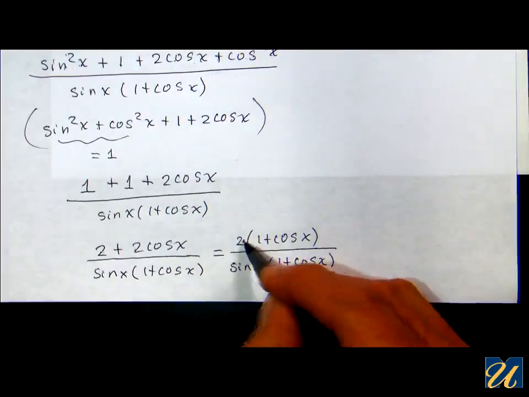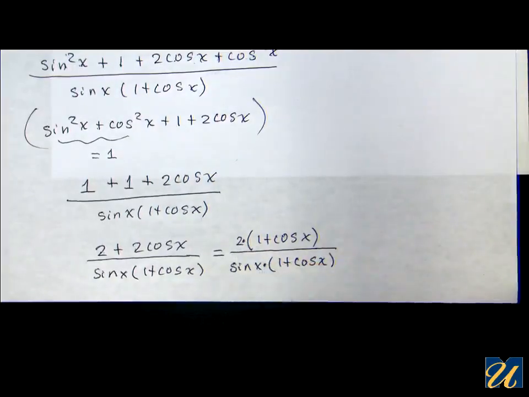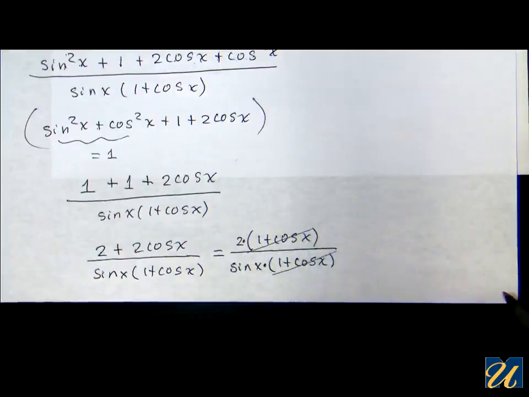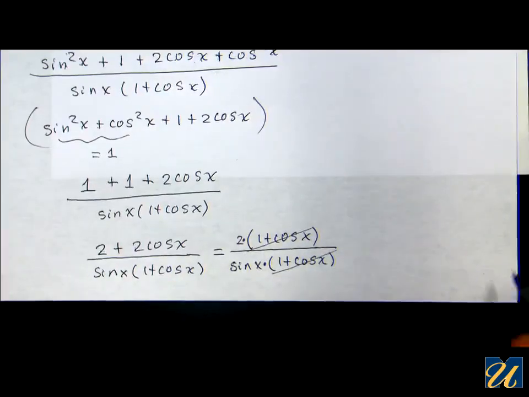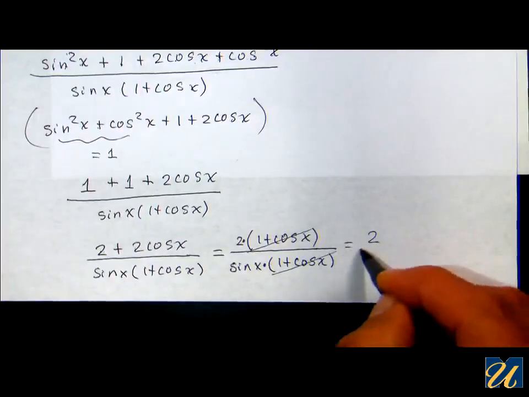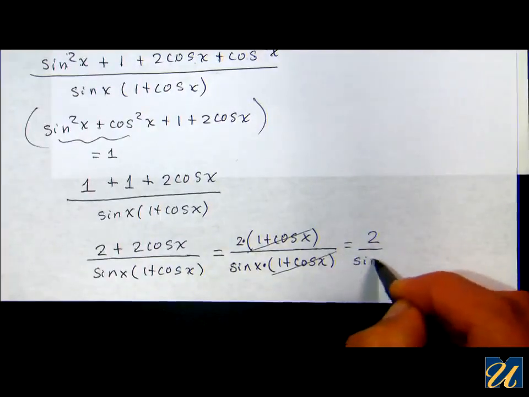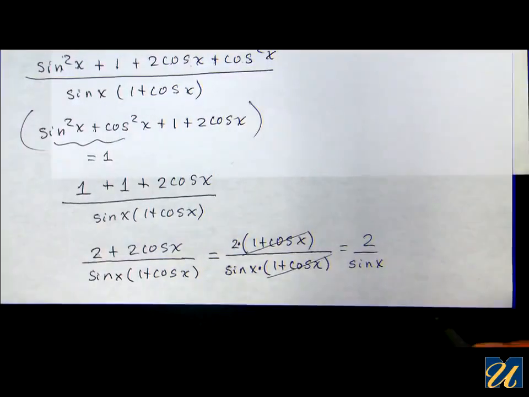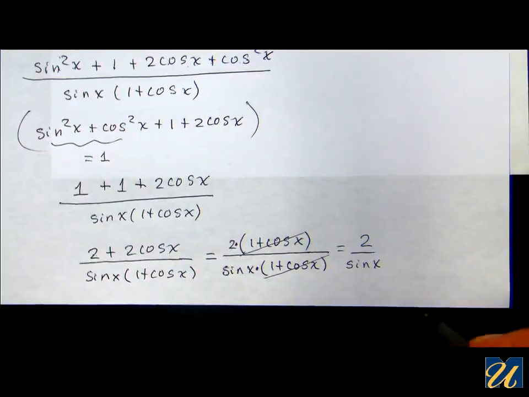Now, because we have multiplication, and only because of that, we can divide out those 2 terms right there, and we now have 2 over sine of x. And that's perfect, because division by sine of x means cosecant of x, right?